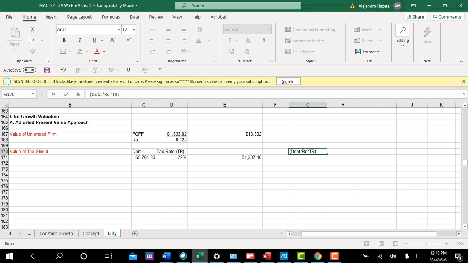And you multiply that times your tax rate. Now think of what this gives you. Debt times interest rate times tax rate gives you the amount you can deduct, the cash flow produced by the tax shield.